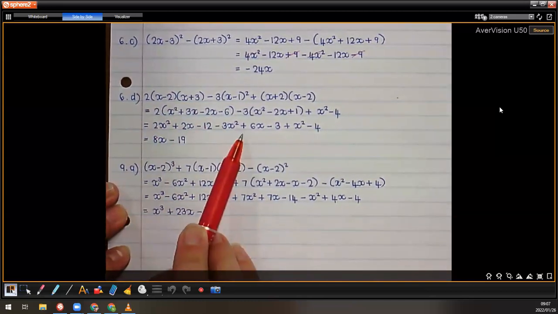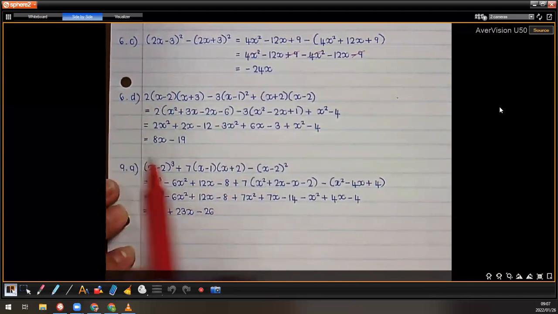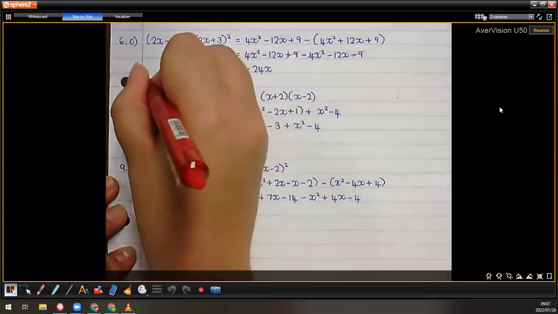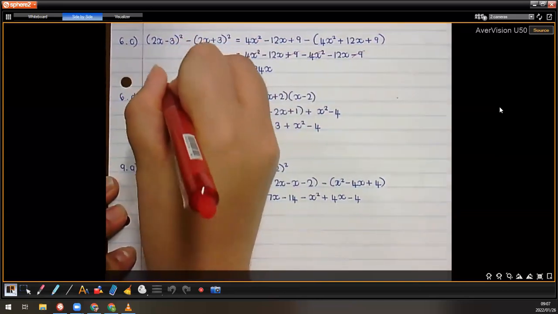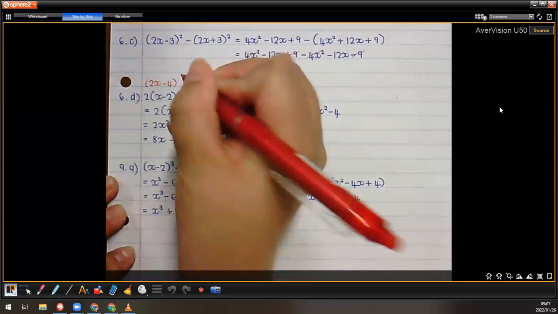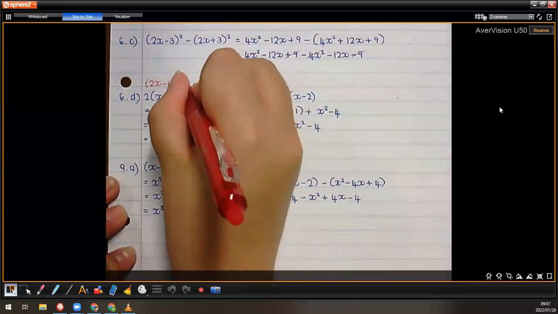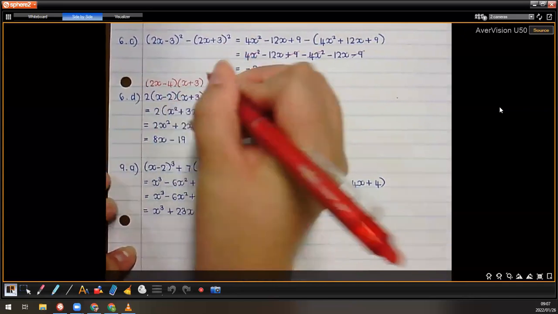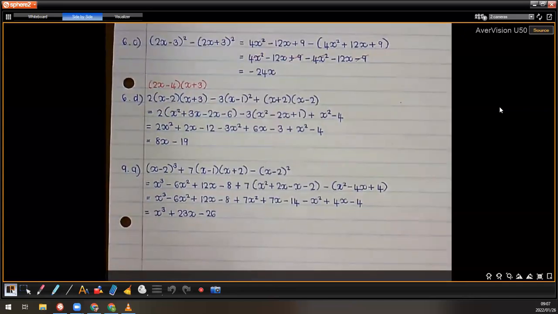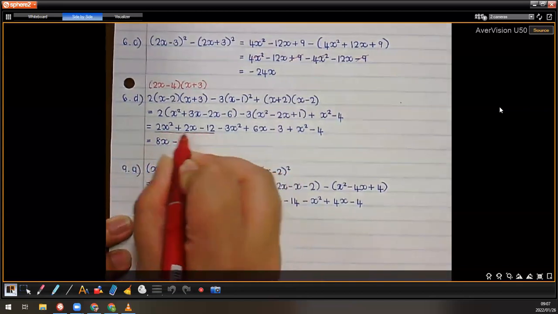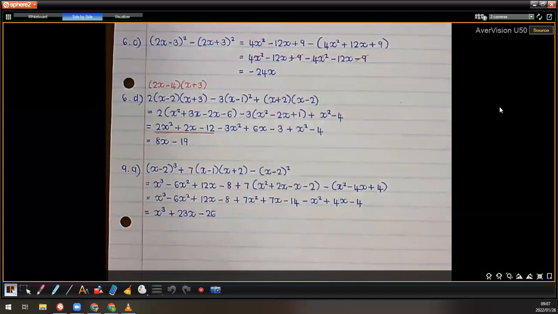Then I multiplied the 2 in, all right? But you also could have multiplied the 2 into this bracket and gotten 2x minus 4, remembering that that must then stay in a bracket, which you are then going to have to FOIL out with x plus 3. That's fine. That will get you to the same answer with these 3 terms at the end.